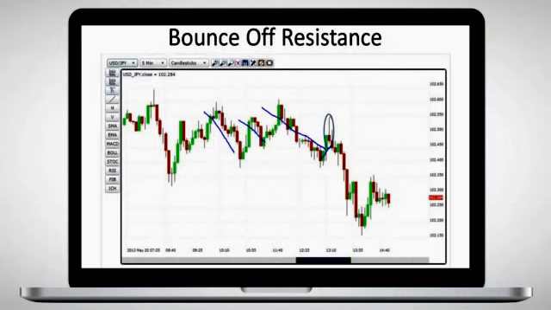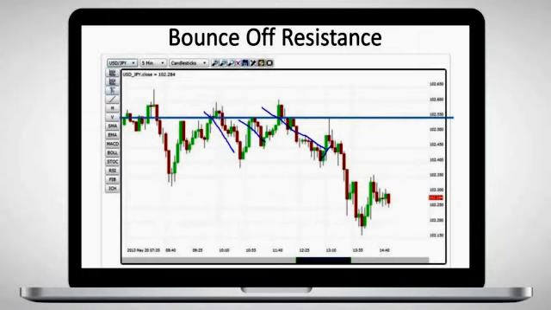Wait a minute, we're going to control the action, and we're going to push this asset back down. And so actually the sellers were able to win out during that candle and push the asset back down. And this is a pretty bearish sign. And sure enough, if I draw in that resistance level, you can see here, this level is a pretty important resistance level. You can see it right here.